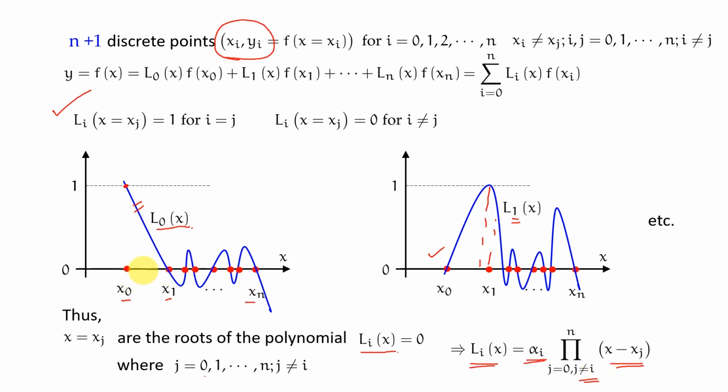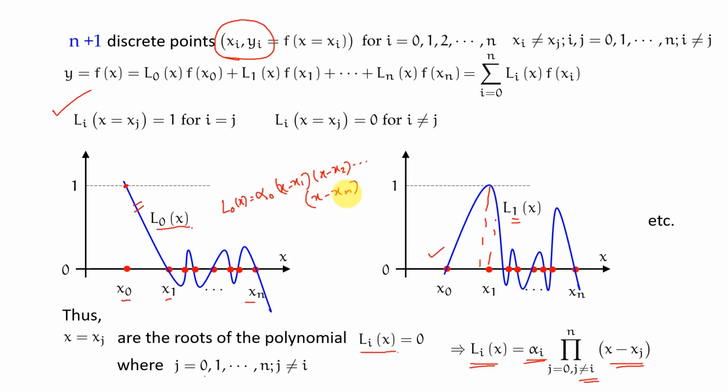Just to understand this process here, you can write this L0(x) equal to some arbitrary alpha naught multiplied by (x minus x1), (x minus x2), etc., up to (x minus xn). This alpha naught, of course, we have to figure it out. We don't know yet. How is this coming?